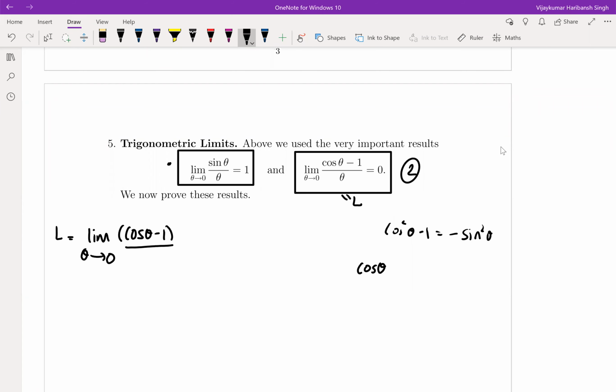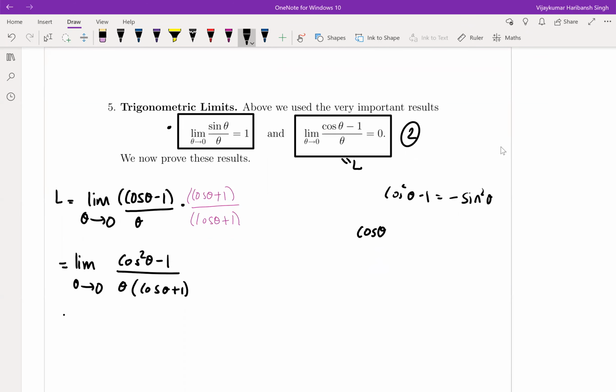Since a minus b times a plus b is a square minus b square. Now this is going to be limit as theta goes to 0 of minus sin square theta divided by theta times cos theta plus 1.